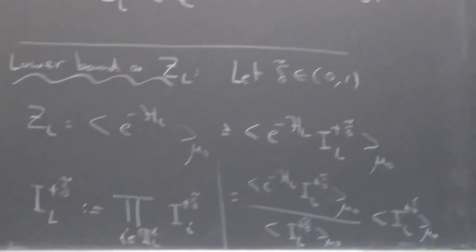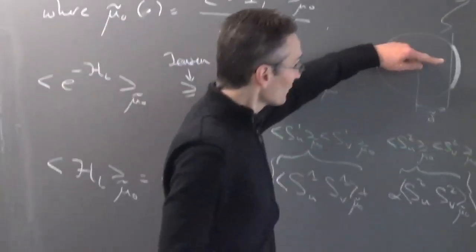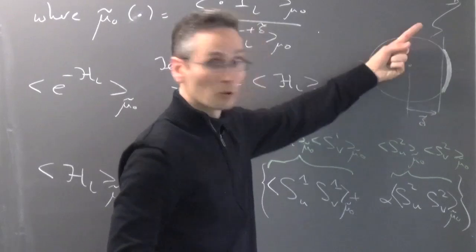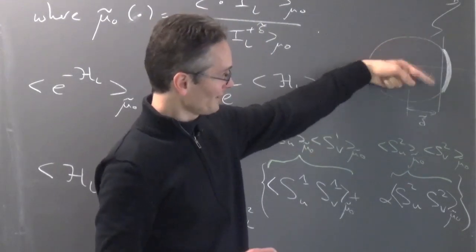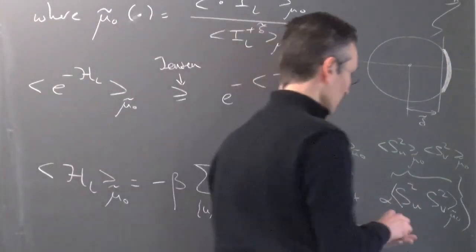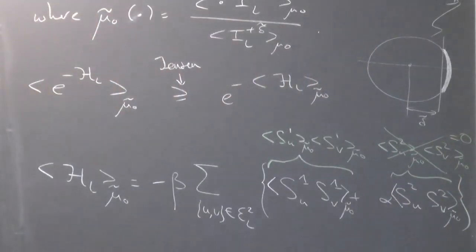So uniform measure on this arc. That means that this is symmetric if I change the second component of the spin. It's symmetric if I reflect things through the x-axis. So these guys are 0 by symmetry. This is 0, nothing to do.